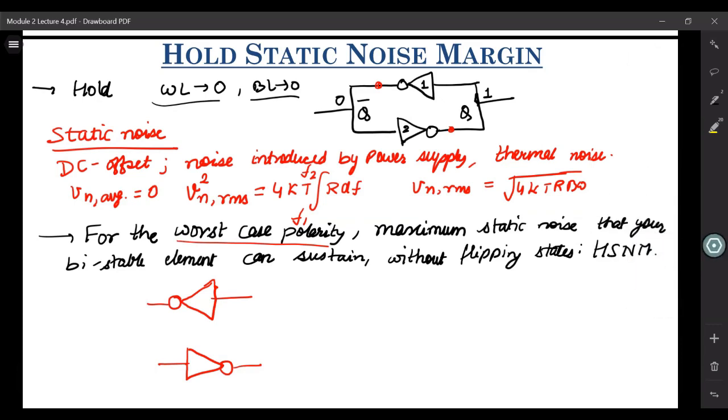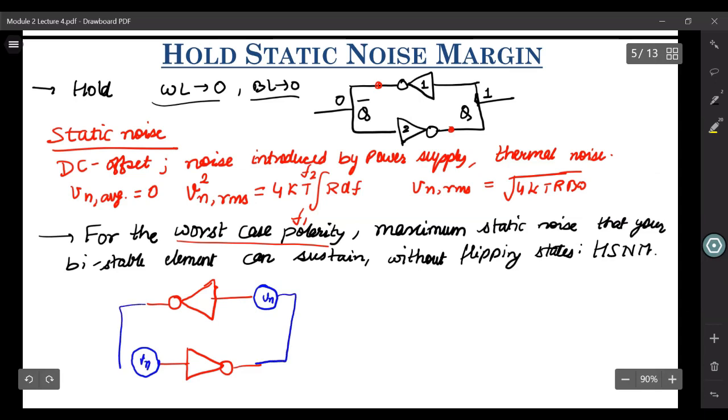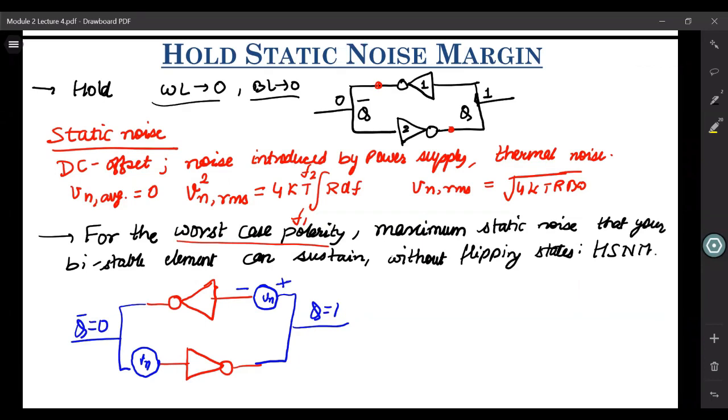So let us have a noise over here, and a noise over here. Represent this by Vn, and this by Vn as well. Let us connect these together. So this node was Q equals 1, and let us say that this was Q bar equals 0. Let us take this polarity as negative, and let us also take this polarity as negative.